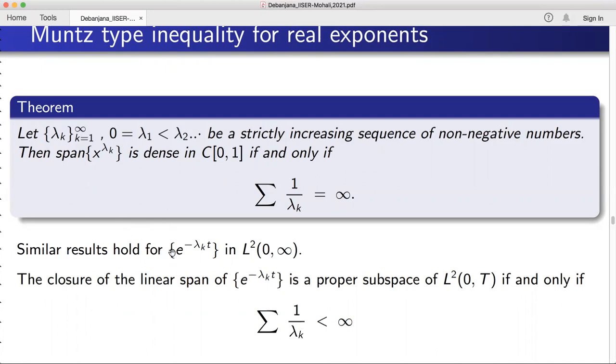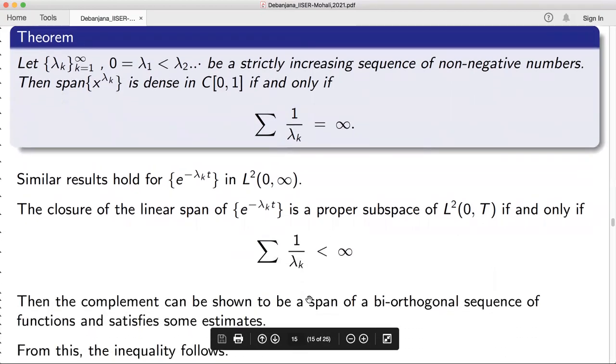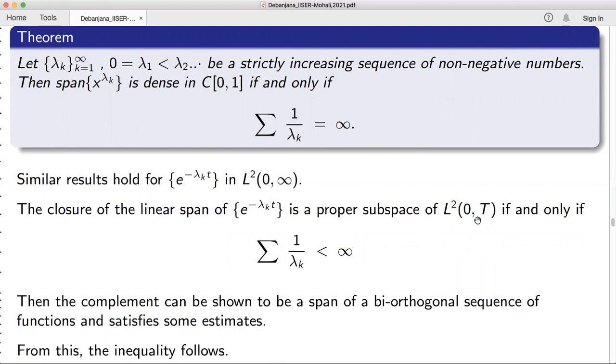The theorem says that the span of x to the power lambda_k, and you can replace it by e to the power minus lambda_k t, is dense in C[0,1] if and only if the summation of 1 by lambda_k is infinity. So in particular, if the summation of 1 by lambda_k is finite, then the linear span of e to the power minus lambda_k t is a proper subspace of L2(0,T).